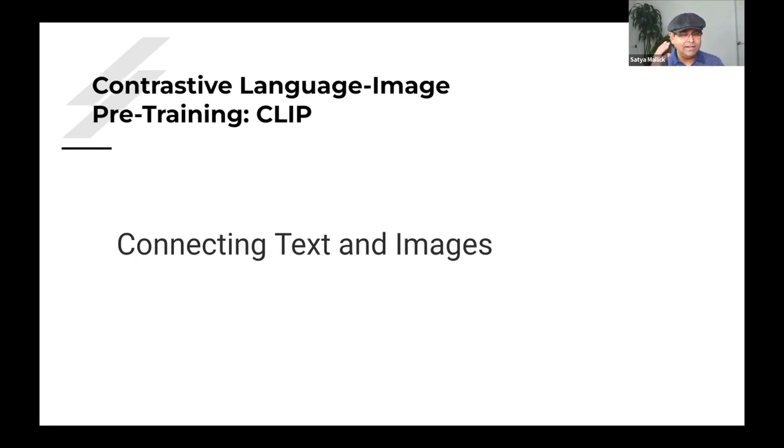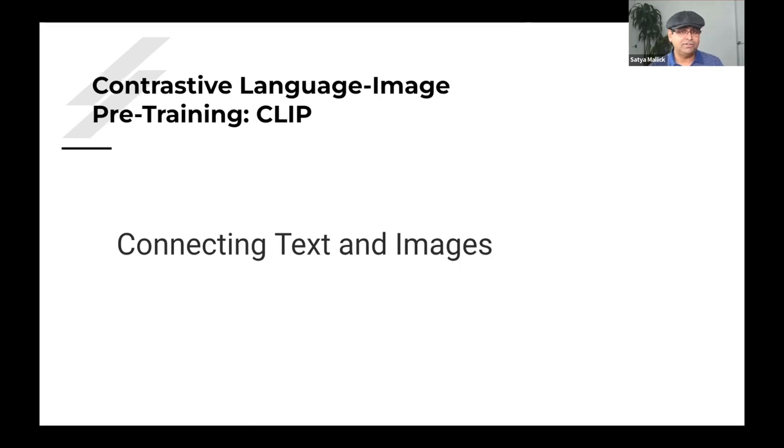When we think about all the media in the world, all the images, they don't lie in isolation. Usually when we take pictures, let's say it's a picture of a dog, there is some context, some text or language that goes to describe that image.